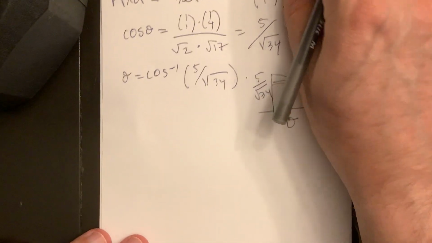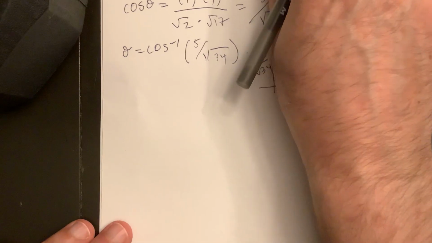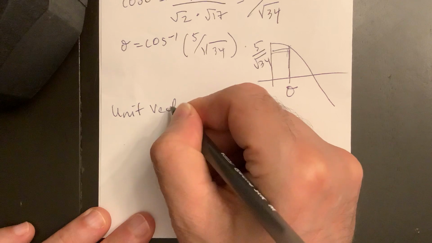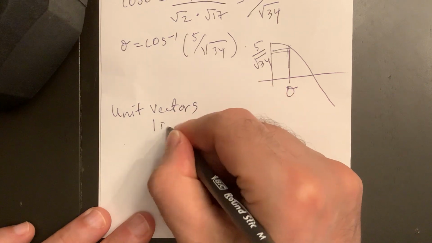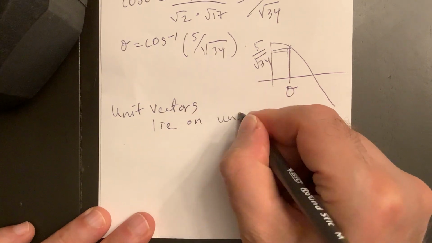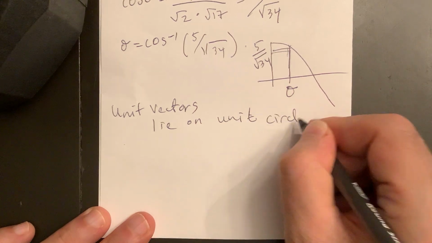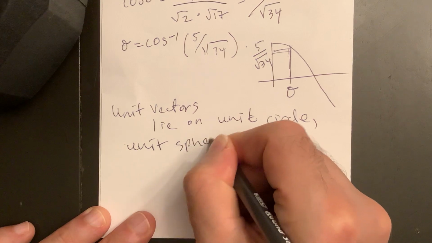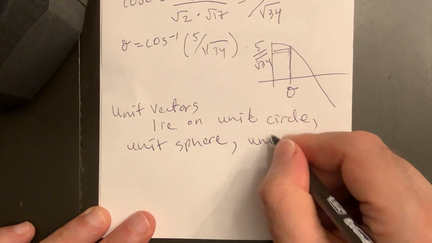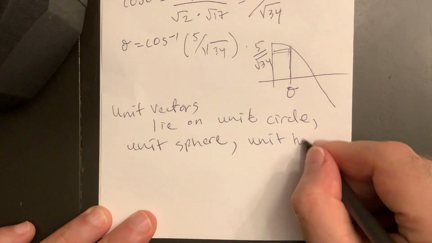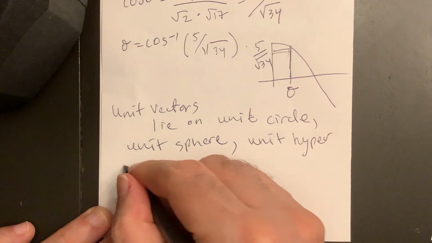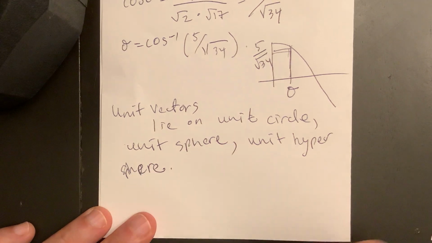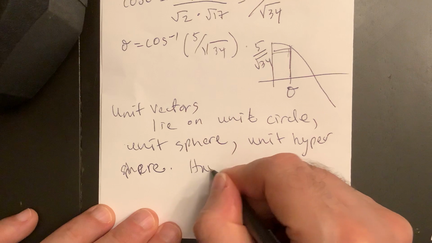Unit vectors. Because we have the length of a vector, we can make a unit vector. Unit vectors lie on the unit circle or unit sphere, or in dimensions where n is 4 or bigger, we call it the unit hypersphere. So they have length 1.